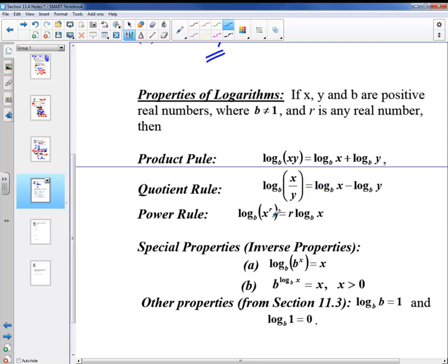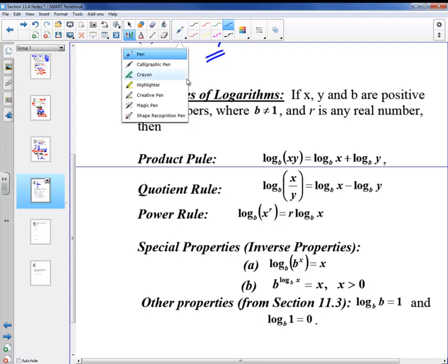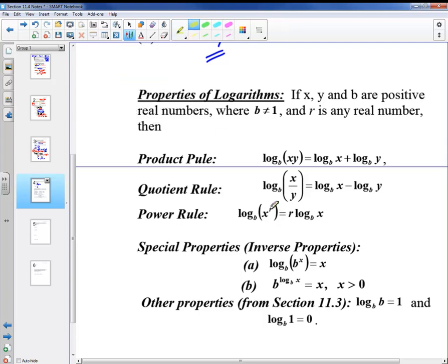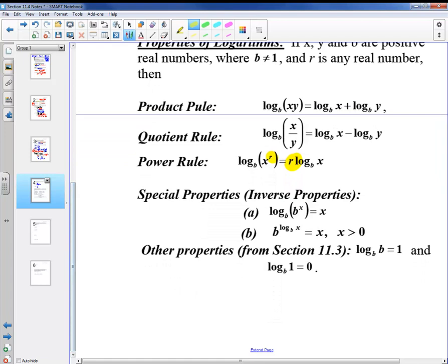The power rule takes this power, it gets rid of the power, and it makes it into a multiplier, a coefficient. Then you have the inverse properties. Log base b of b to the x gives you the exponent, log equals exponent, or b raised to a log of the same base, it gives you x. And then these ones are the ones from section 11.3.